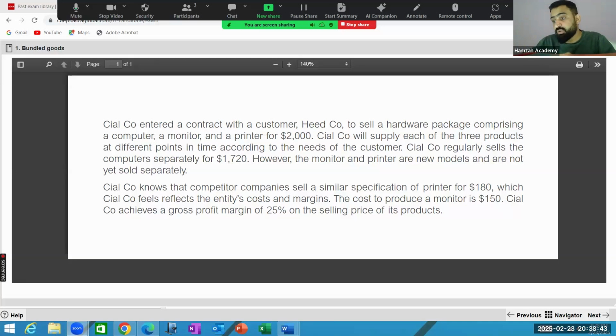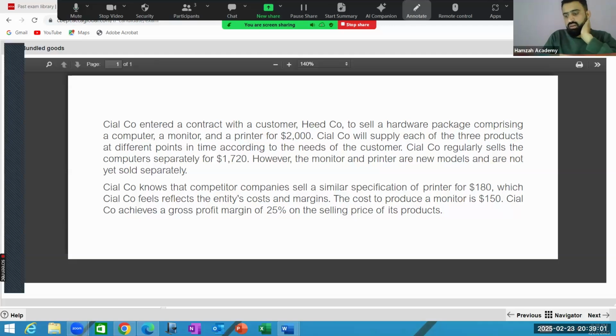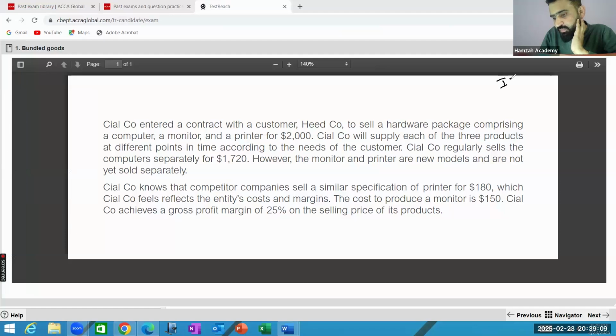So the question requirement was how we will allocate the transaction price. Now, dear students, if I can guide you for this question, you need knowledge of IFRS 15, the accounting standard of revenue.